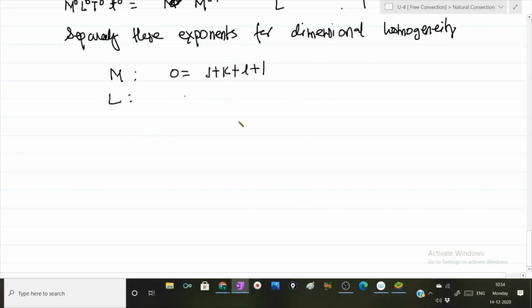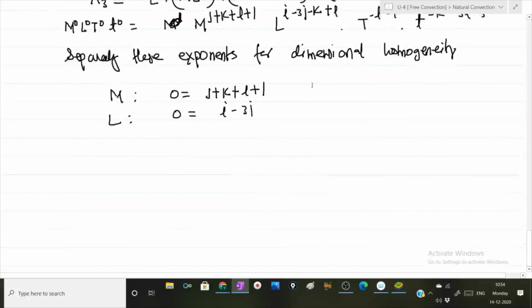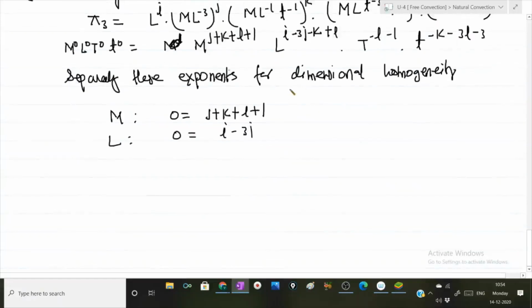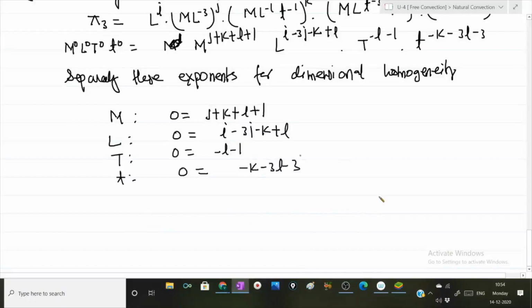For L, 0 is equal to i minus 3j minus k plus l. For T, 0 is equal to minus l minus 1, and for small t, 0 is equal to minus k minus 3l minus 3.